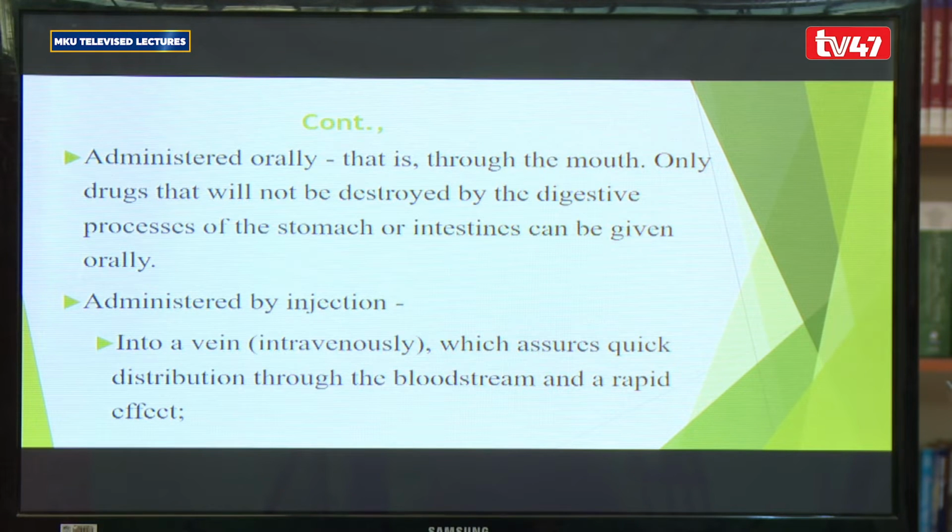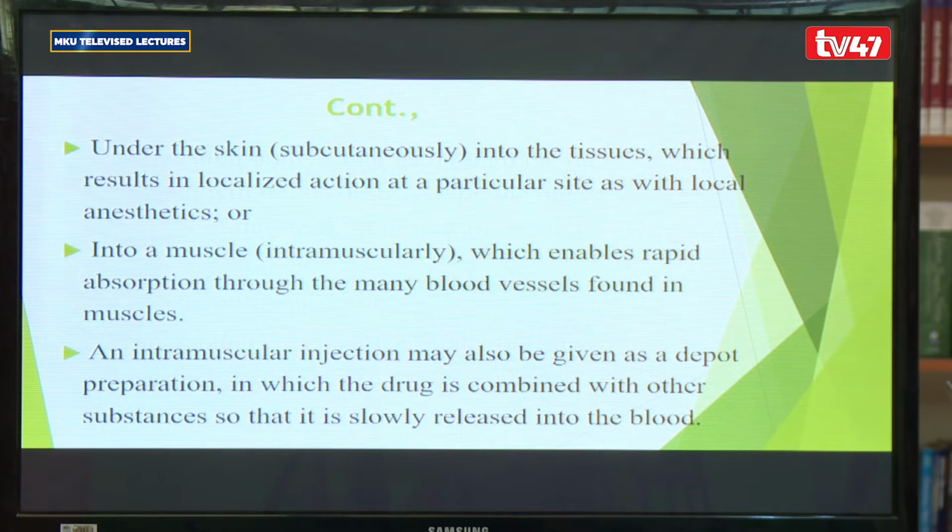We also have drugs which can be administered by injection into the veins, which assures quick distribution through the bloodstream and rapid effect. Because when you have this kind of injection through the vein, the action becomes fast compared to when you take tablets.